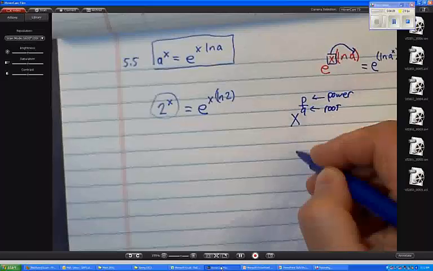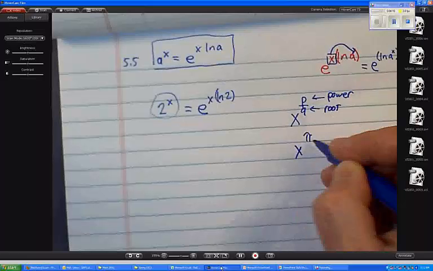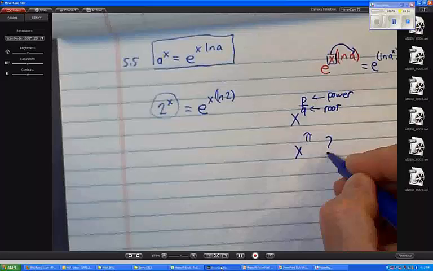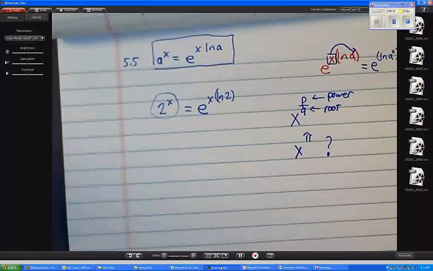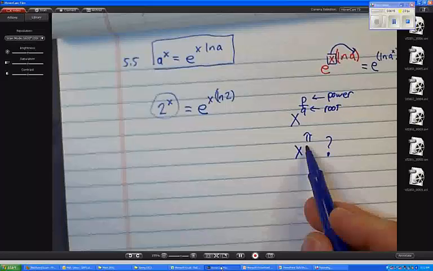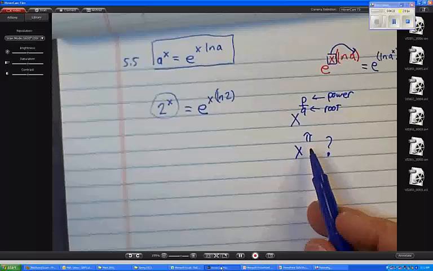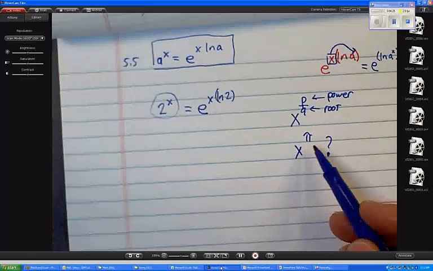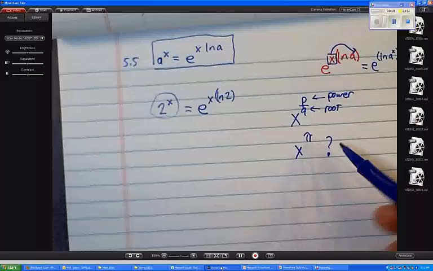But if I say x to the pi power, what the heck does that mean? I know how to multiply something by itself 4 times, but I don't know how to multiply something by itself pi times, right? And I can't even write it as p over q.